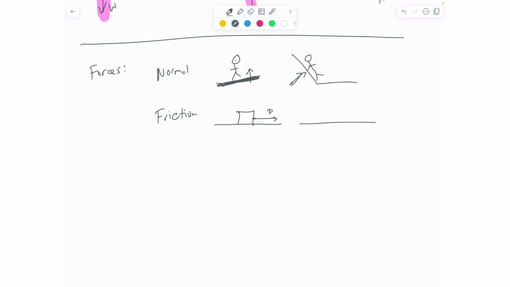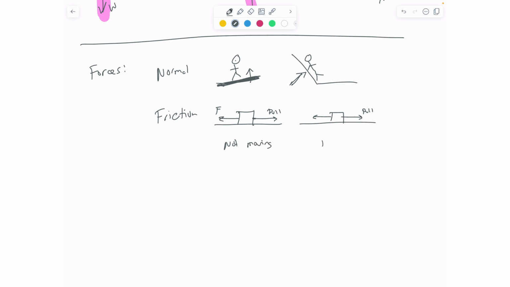Someone's pulling it with a force. In both cases someone's trying to pull it. In the opposite direction we have what's called the friction force. In the first case, the box is not moving.